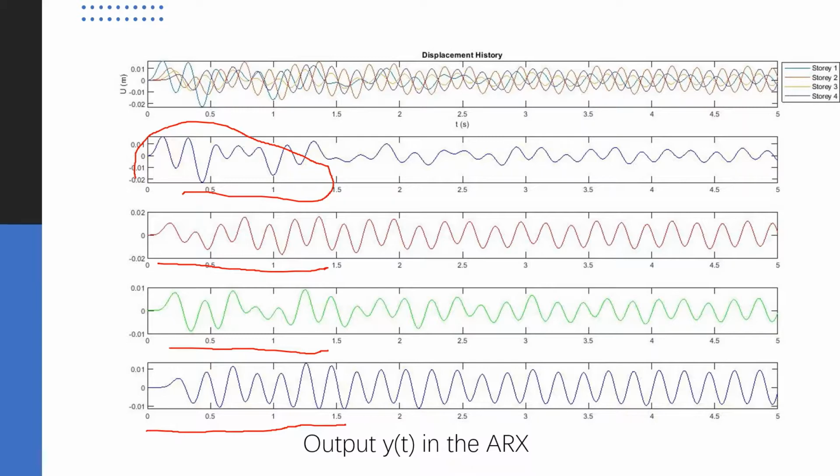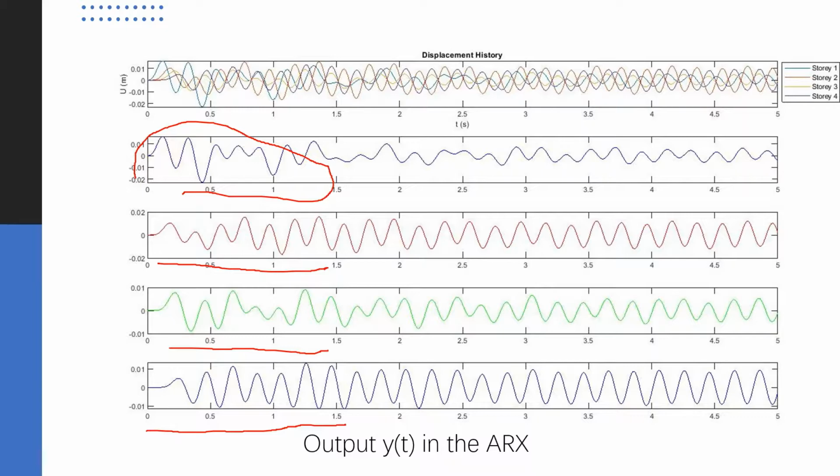The displacement data for each story will be used as the output in the ARX function in MATLAB. The displacement data at different sampling times, such as 0.01 seconds, 0.05 seconds, 0.1 seconds, and 0.5 seconds, will be recorded to compare the accuracy of the ARX function in MATLAB under different sampling conditions.